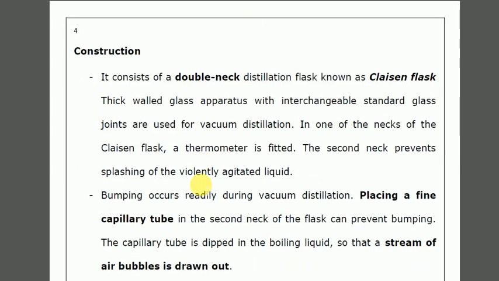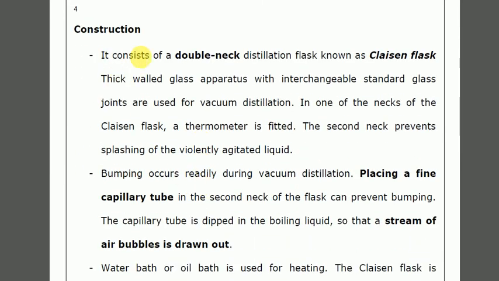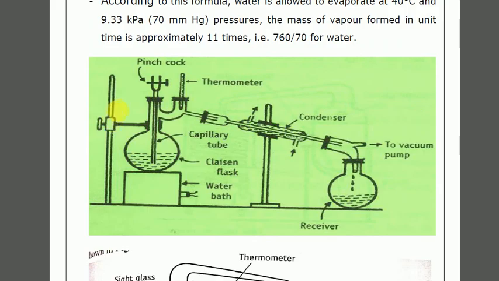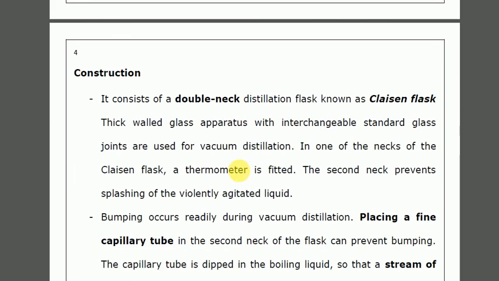Now see, construction. It consists of a double neck distillation flask known as Claisen flask. See, double neck. There are two necks. So it is known as Claisen flask. Okay. Thick walled glass apparatus with interchangeable standard glass joints is used for vacuum distillation.